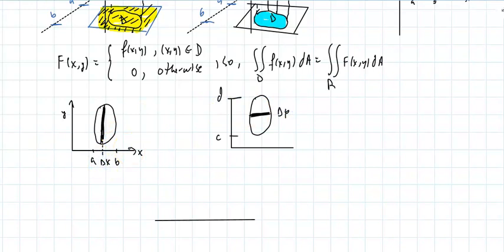So the book refers to this as type 1 region. You really don't need to know that. And this is type 2 region, and they might ask about that on the homework. No need to worry about that. Just remember, type 1 is really our traditional dx, and type 2 is our traditional dy.